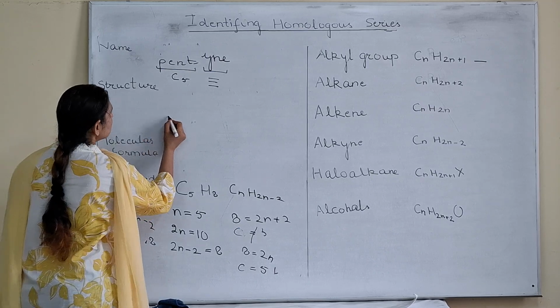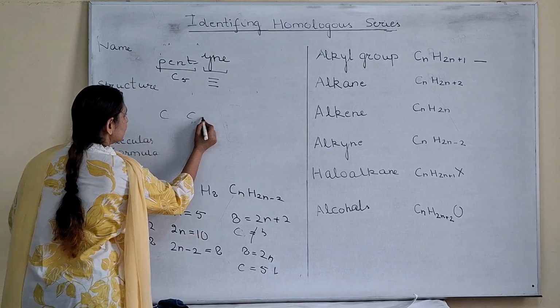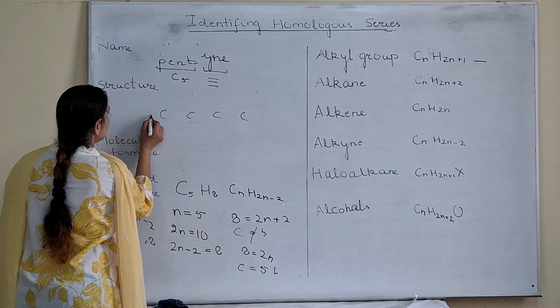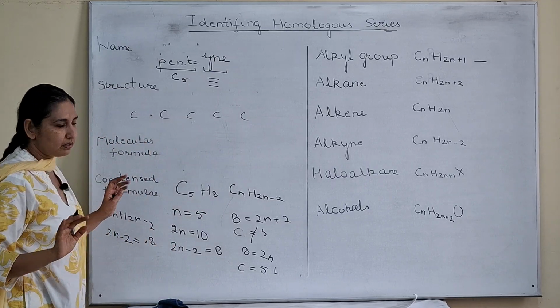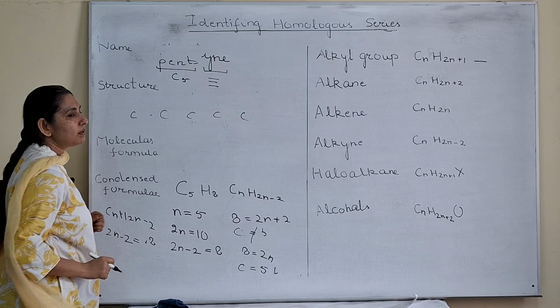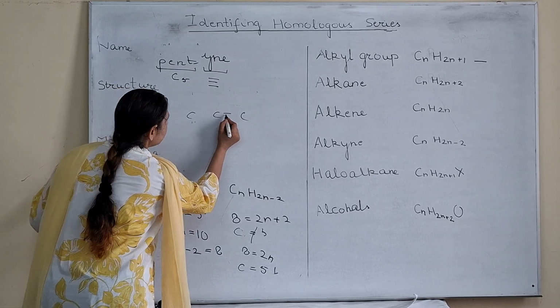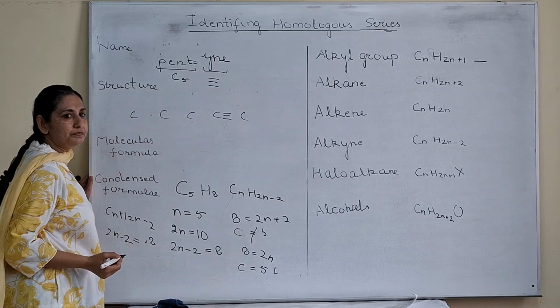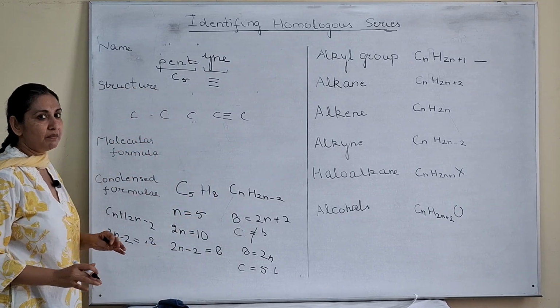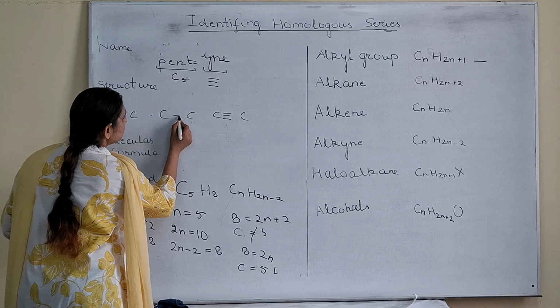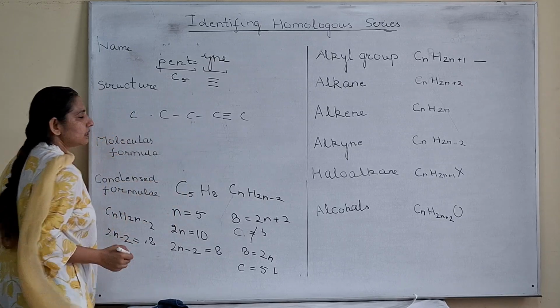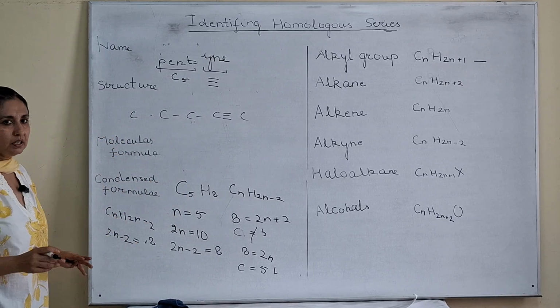What will be the structure? Okay, first draw all the carbon atoms, 5, fine. Now put a triple bond anywhere. So suppose I put a triple bond here. Ine means you have to have a triple bond, and rest carbons have single bonds. One triple bond is necessary.